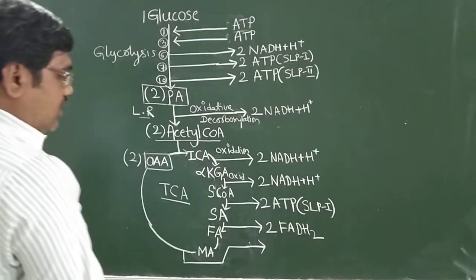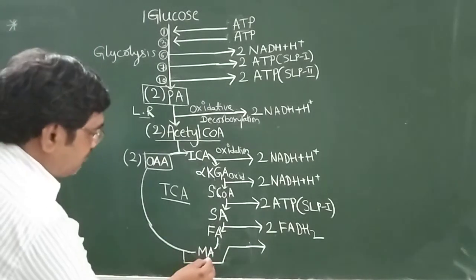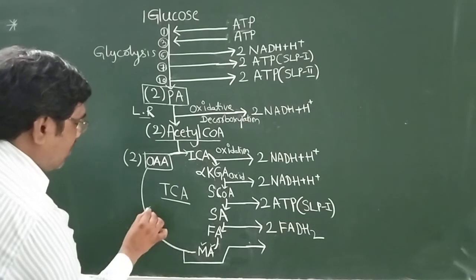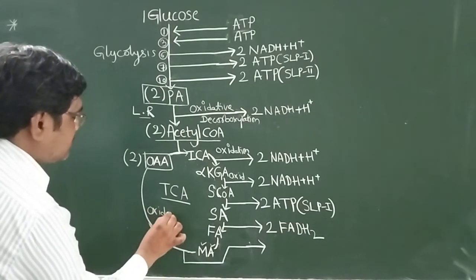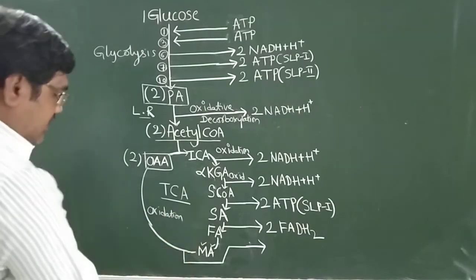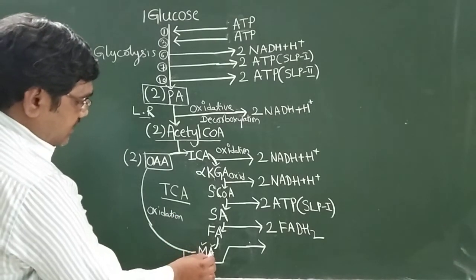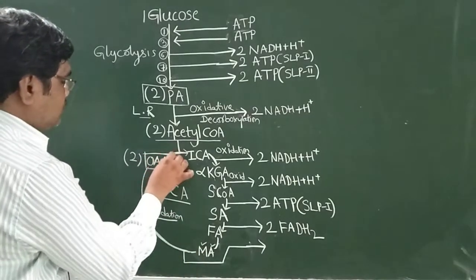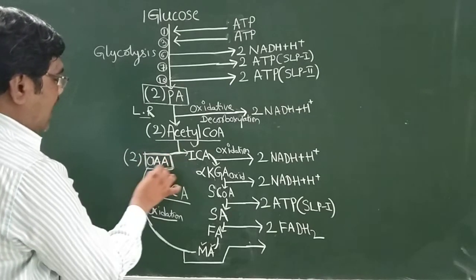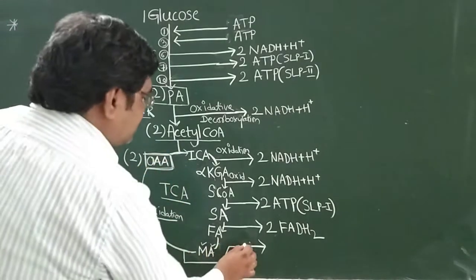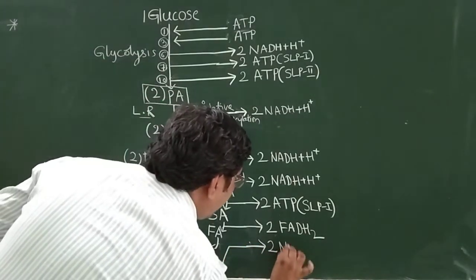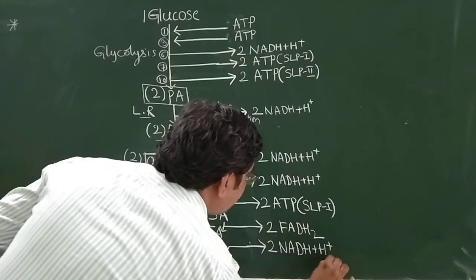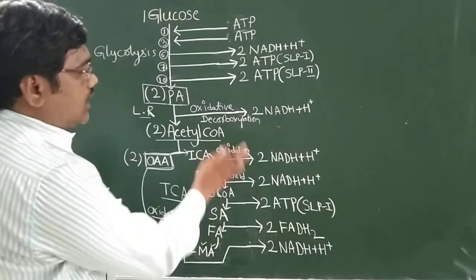Next, the last reaction in the Krebs cycle: malic acid undergoes oxidation to form two molecules of oxaloacetic acid. Here also two NADH plus H plus are produced.